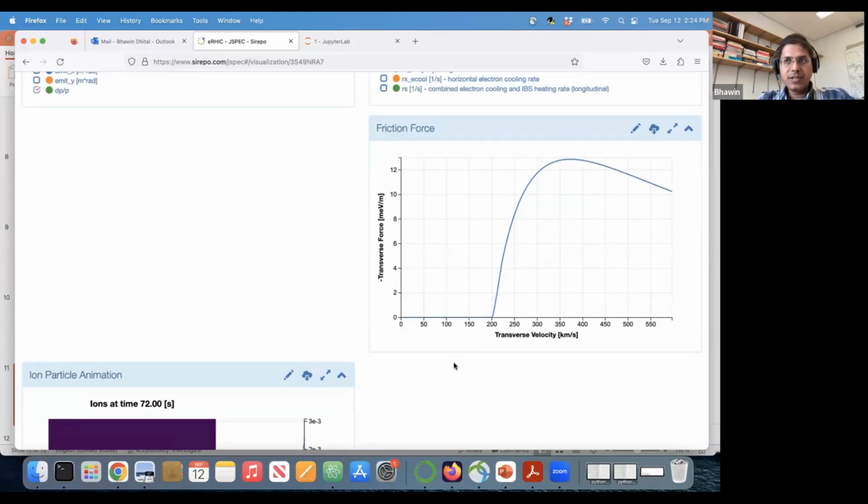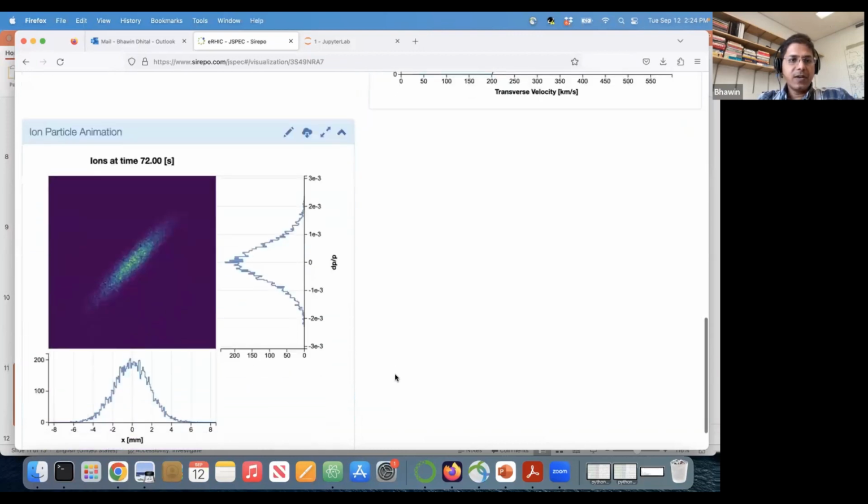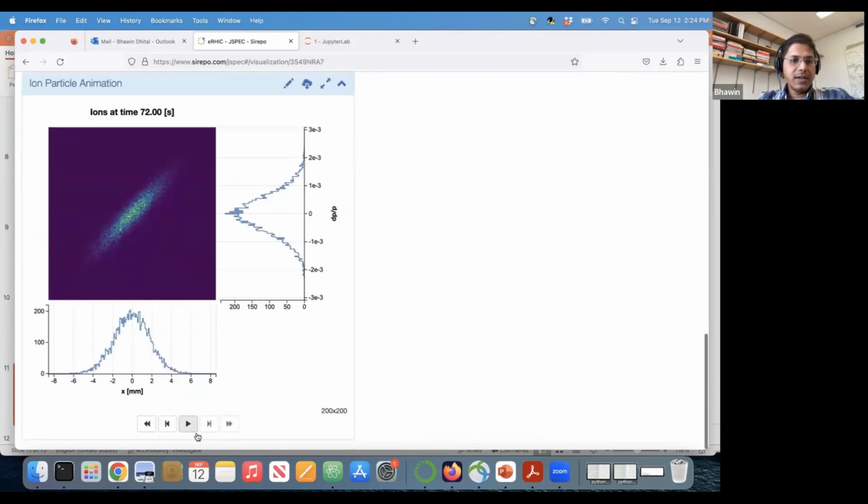This cooling force is a friction force which depends on velocity, and this is a non-conservative force. This shows the nature of the friction force during the cooling interaction. And at the bottom, there is an animation that shows the change of the ion longitudinal and horizontal phase space during the simulation time.